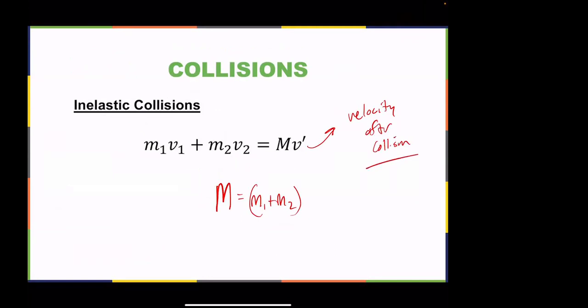Does that make sense? So essentially our equation is M1 V1 naught plus M2 V2 naught equals (M1 plus M2) V. You don't want to use the prime, so there's just one final velocity. Does anybody have any questions there?